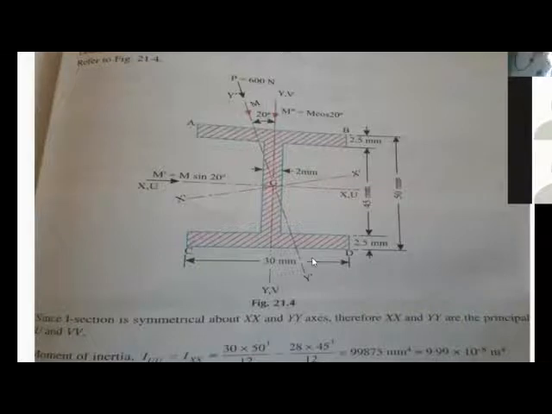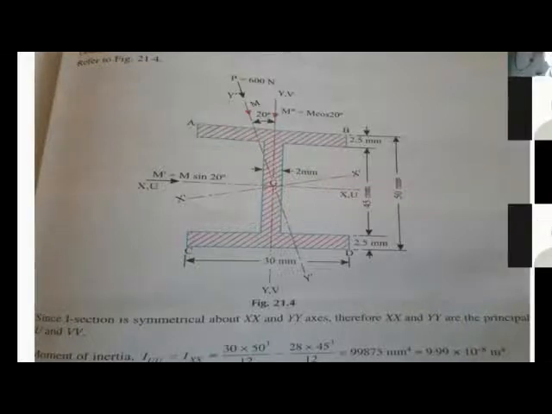You can take tension positive or compression positive, but throughout the problem you should follow the same convention. If the net stress comes out positive, it is of the nature you assumed positive; if it comes out negative, the stress is of the opposite nature. So the stress above UU is tensile and below UU is compressive.